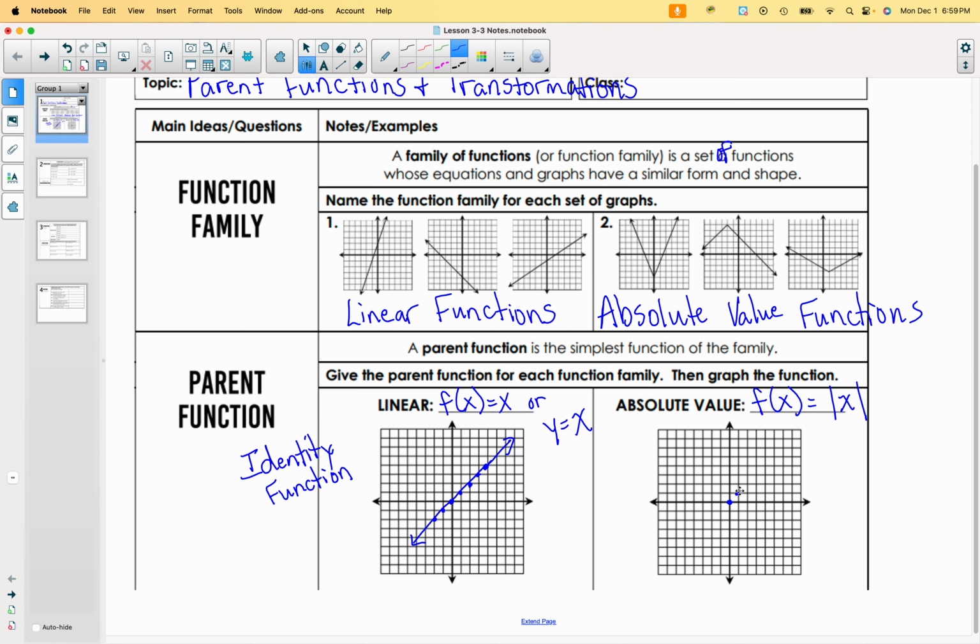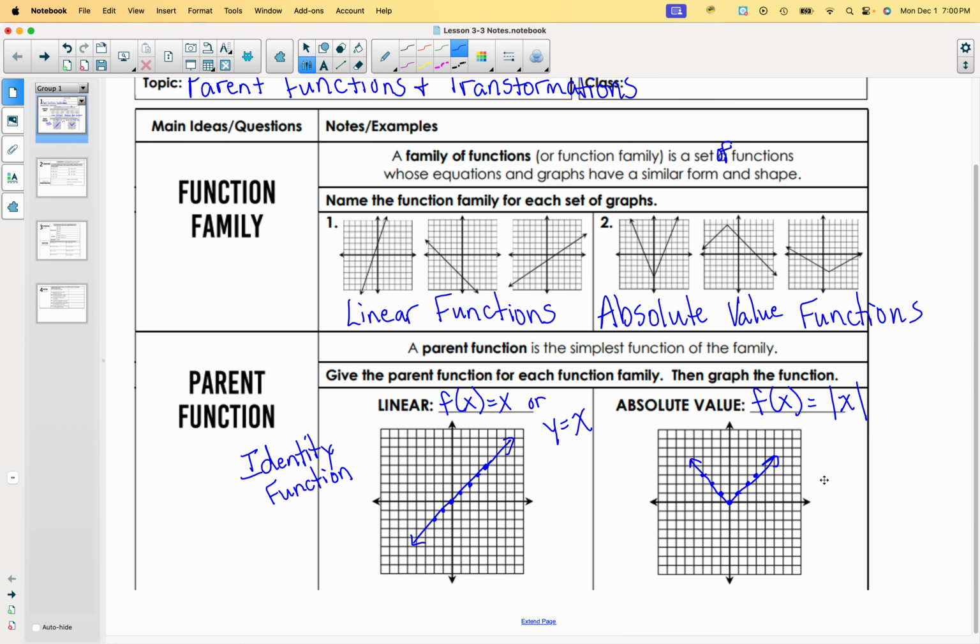If x is 1, then y is 1. If x is 2, y is 2. But if x is -1, you take the absolute value of -1 and you get 1. If x is -2, the absolute value of -2 is 2. So you end up getting a V shape, and this is the absolute value function.